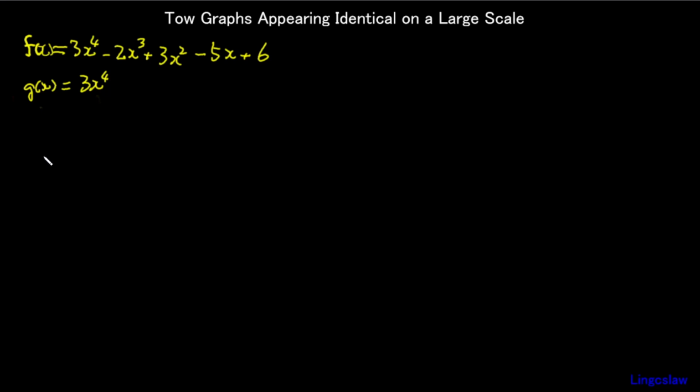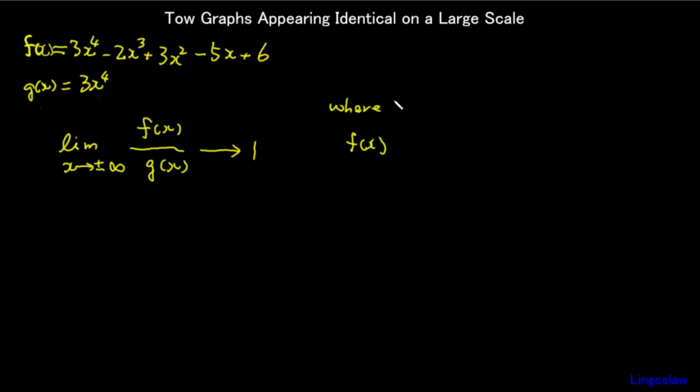What I'm going to do is this: if this value, f of x over g of x, as x approaches plus and negative infinity, will be 1.